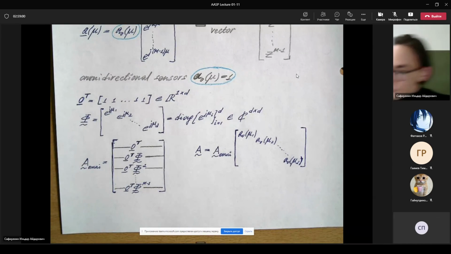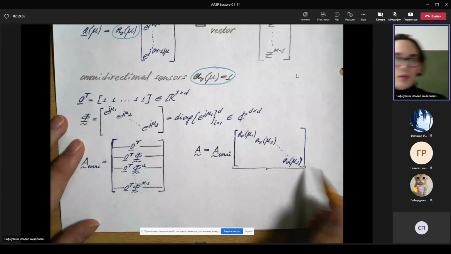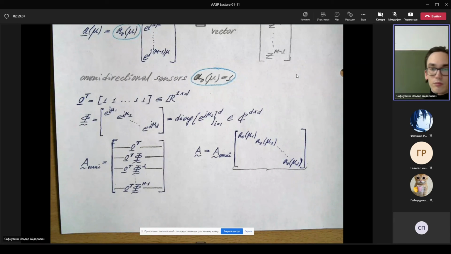We will call this diagonal matrix matrix delta.